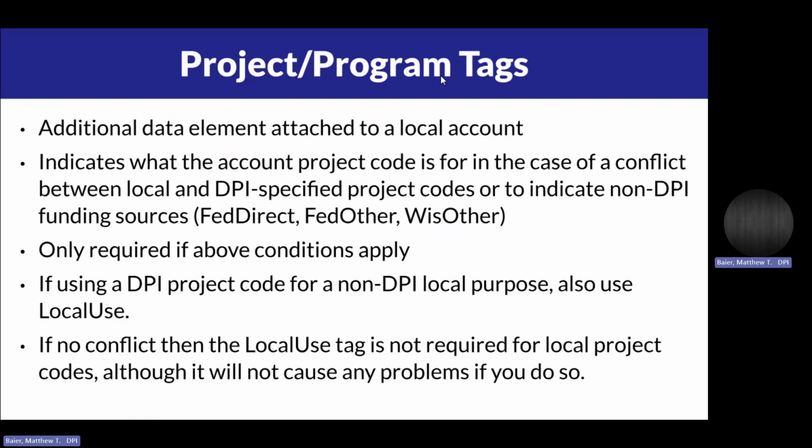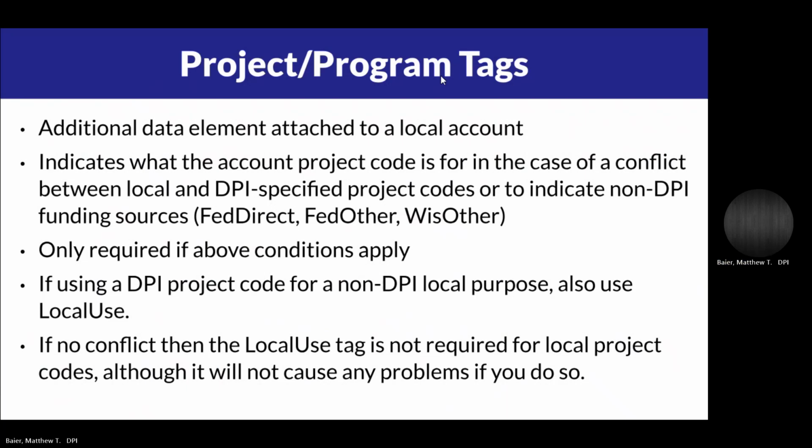So Title 1 is 141, the project code. If a district is using 180 for Title 1, on all of their 180 project code accounts they can put a Title 1A tag. And then on the 141 accounts, which should be Title 1, we just put a local use tag on it. So we know that you're using 141 for something else, but all of your Title 1 expenditures are under 180.